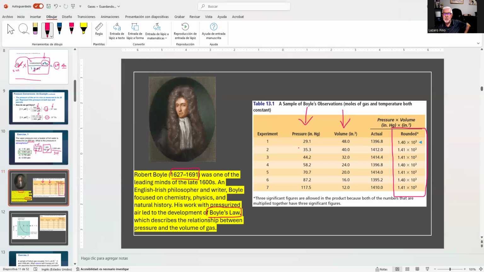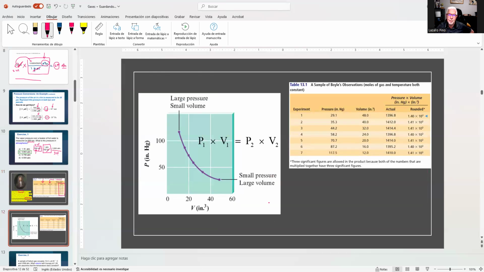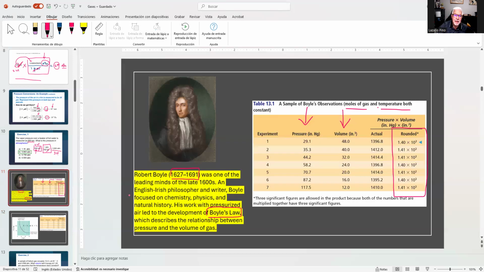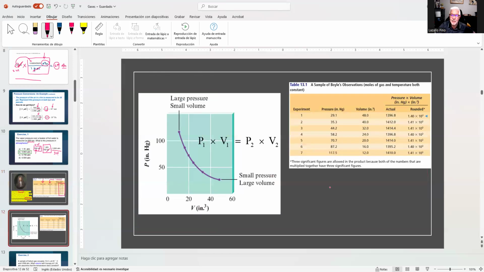The relationship between the pressure and the volume, when the number of moles of gas and the temperature were constant, was constant. Then we can say that the Boyle law is P1 times V1 is equal to P2 times V2.